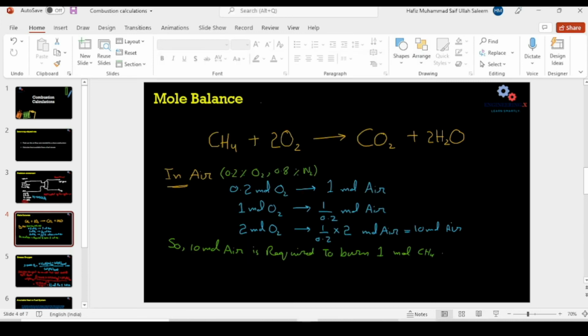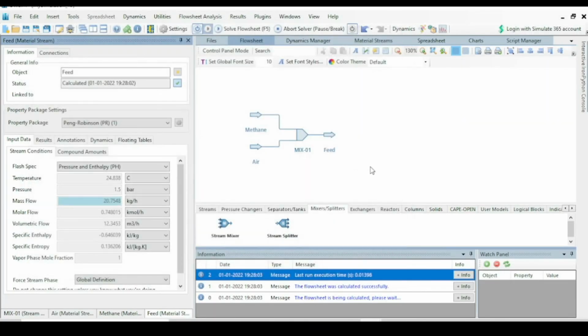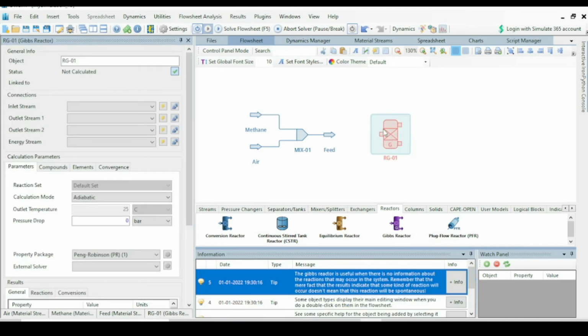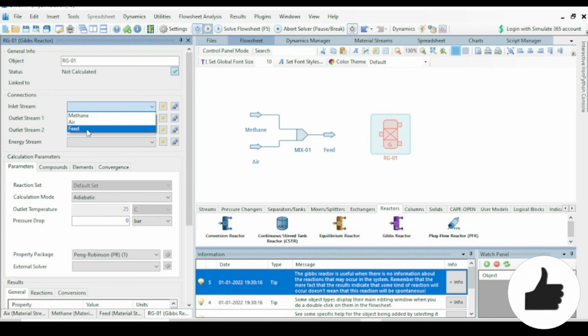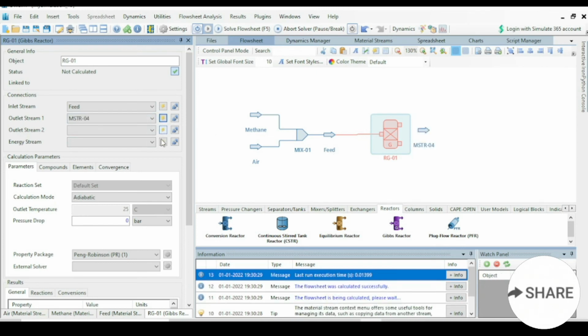Okay, so we just define a chemical reaction. Now click on the reactors, select the Gibbs reactor and place it into the flow sheet. Click on the reactor, and the inlet just connect with feed and generate outlets.